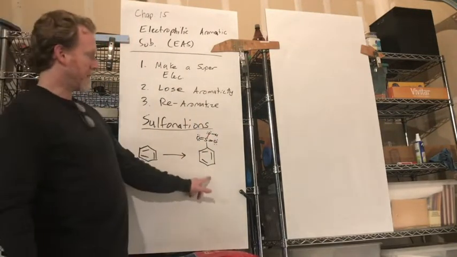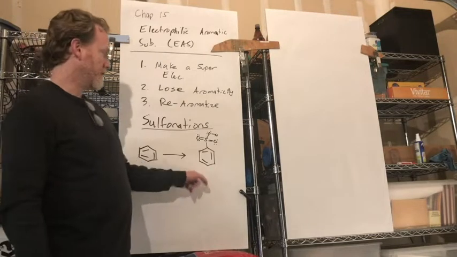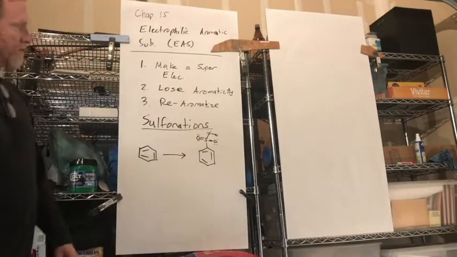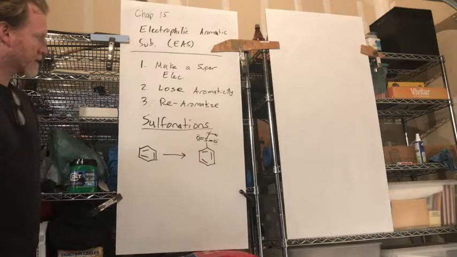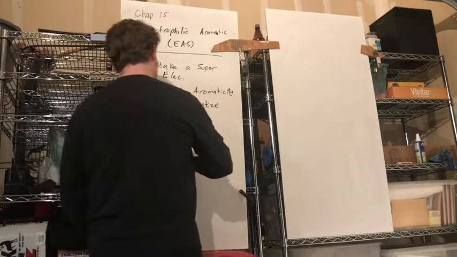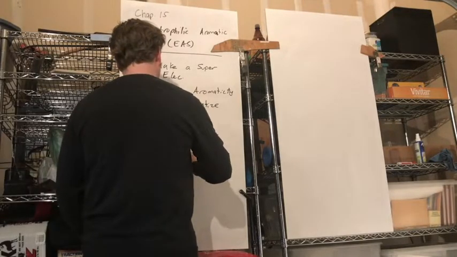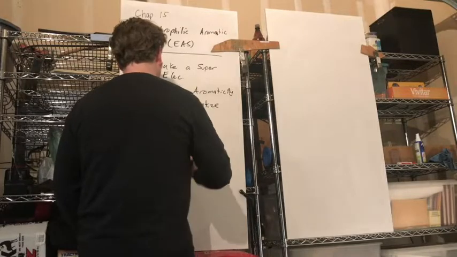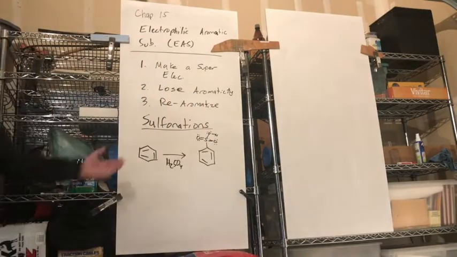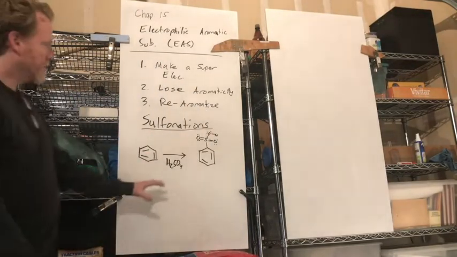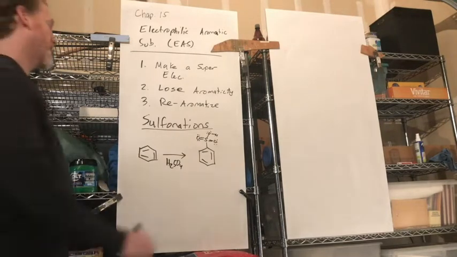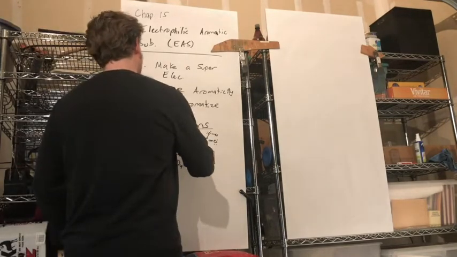Tosic acid has a methyl from toluene. This is a sulfonic acid. And how do we do this? So we're going to use sulfuric acid again. But instead of adding nitric acid like in nitrations, we use what's called fuming sulfuric acid. It has SO3 gas in it.